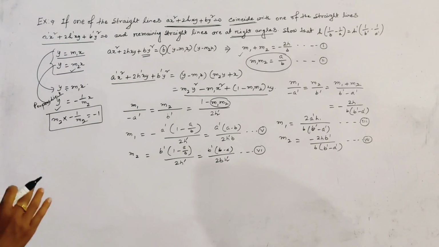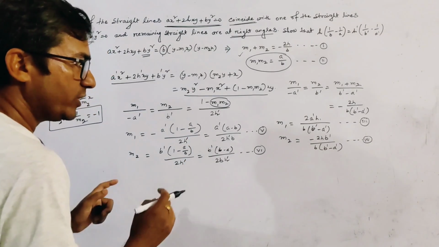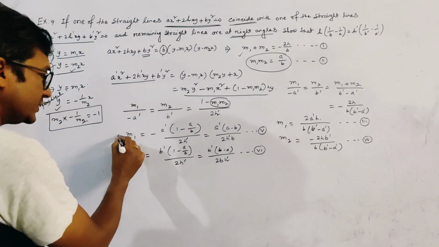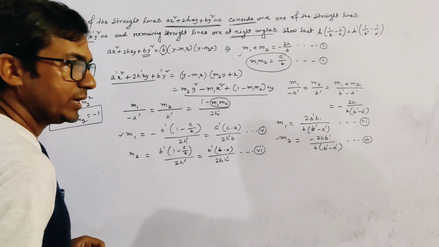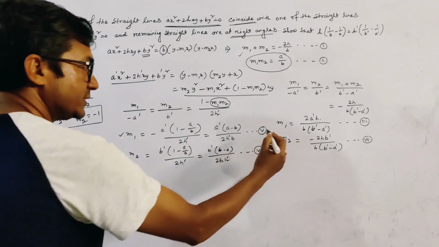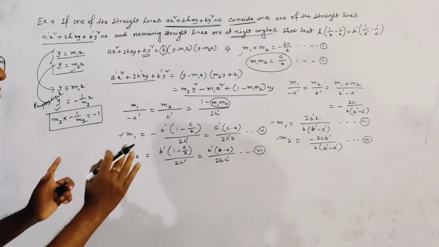Now we find out the value of m1m2. How to find? If we take this m1, then we get m2 is this, and if we take this m1, then we take m2 is this, any one of them.